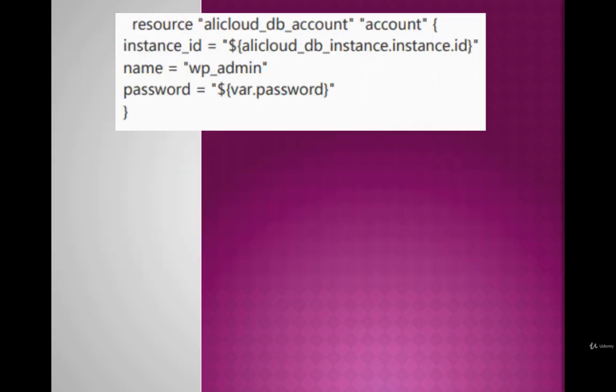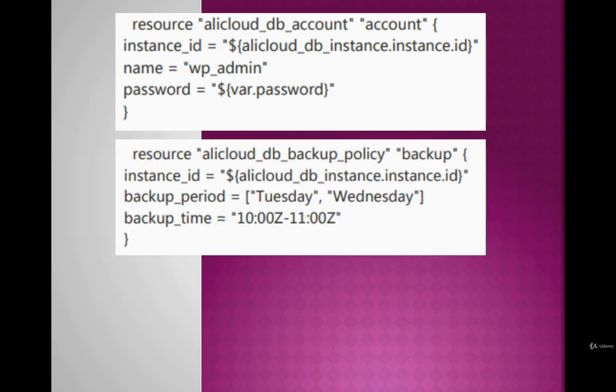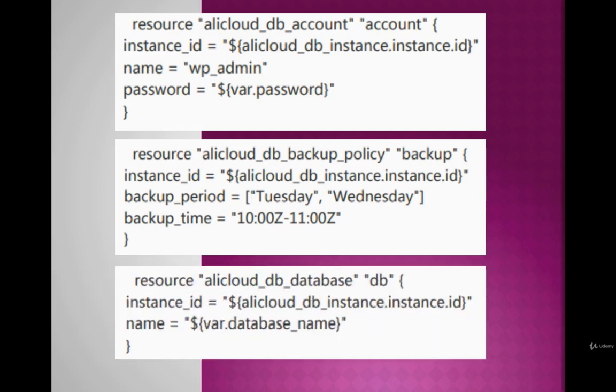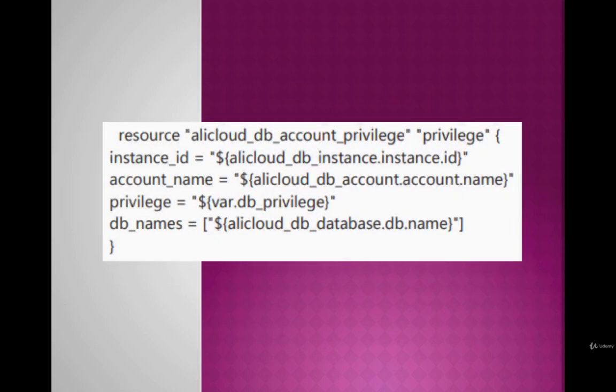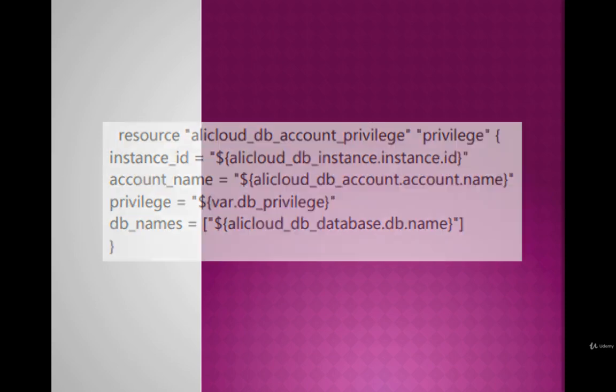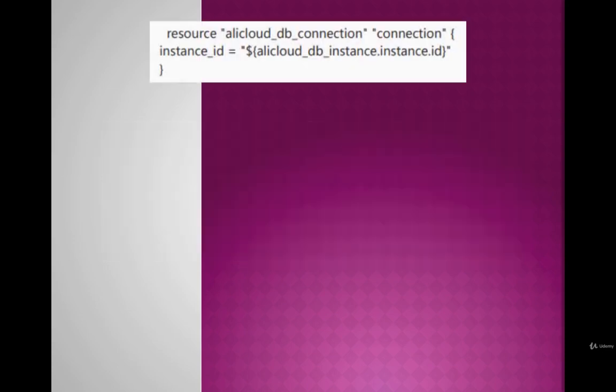Database account is what you see on the screen now, and database backup policy is as you see, the second one. Database is this, the last one on the screen, and database privilege, which is read and write, is as you see on the screen now. Finally, and the last one here, database connection string is this.